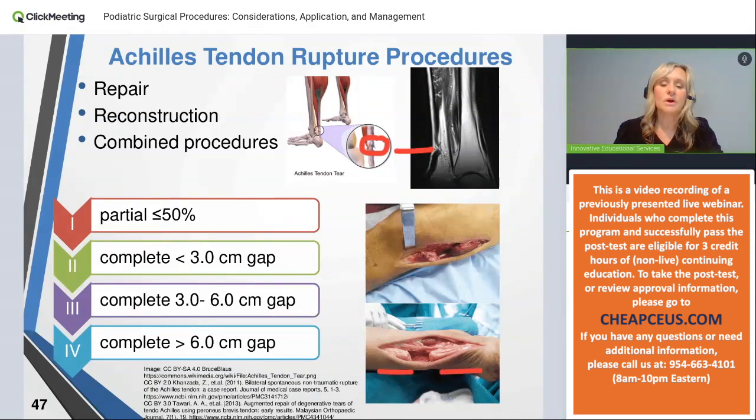This line and below, we see nice white healthy tendon. And in between here is the big gap that existed once they debrided it out. So if that gap is 3 centimeters or greater, then they're looking at needing some type of augmentation in order to repair that tendon.